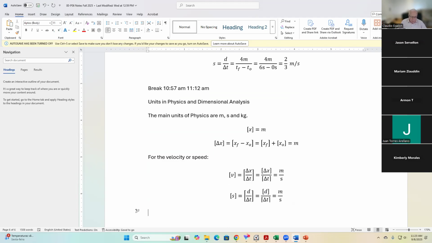Dimensional analysis is usually important. What's the practical application of dimensional analysis?